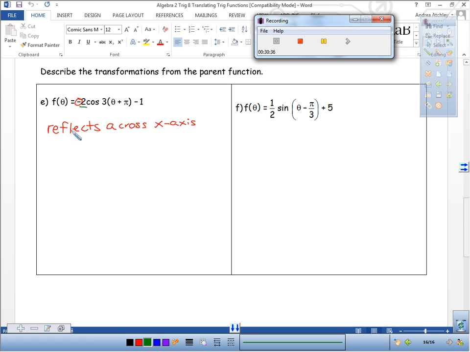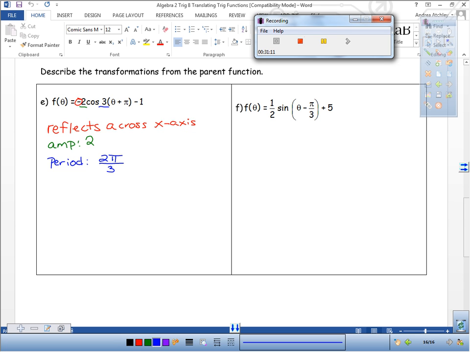The change in phase, amplitude. The three is the period, or sorry, the frequency. We're going to use it to find the period, which is 2 pi over 3 then.